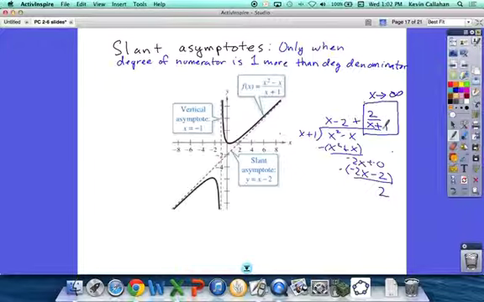Well, the denominator would become almost infinity, and the whole fraction would become 0, and it would drop out. So the only thing that's left is the first part of this, which is y equals x minus 2. And that is a straight line. Y-intercept is -2, slope is 1, sketch in a line, that's a slant asymptote.